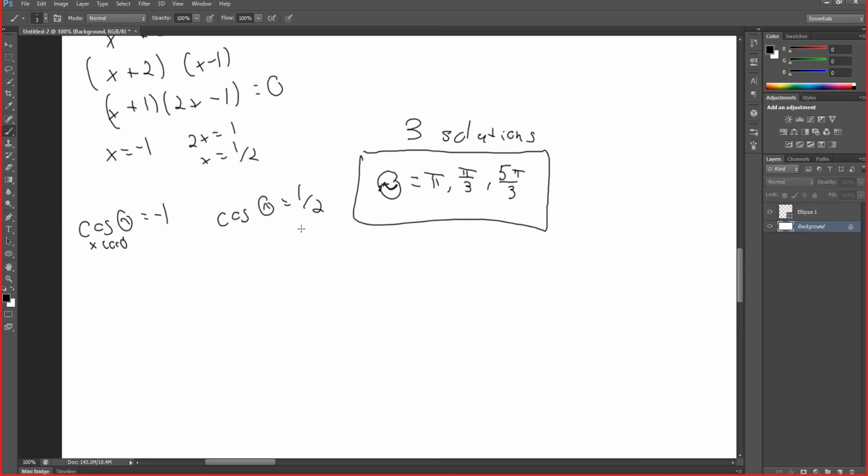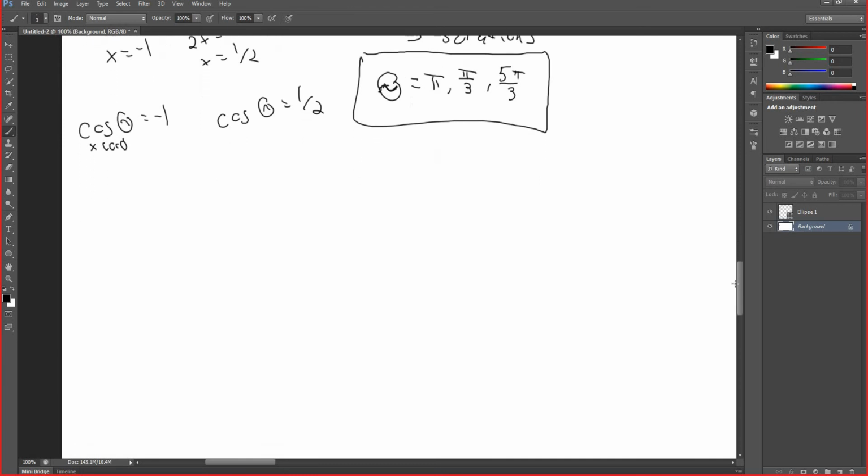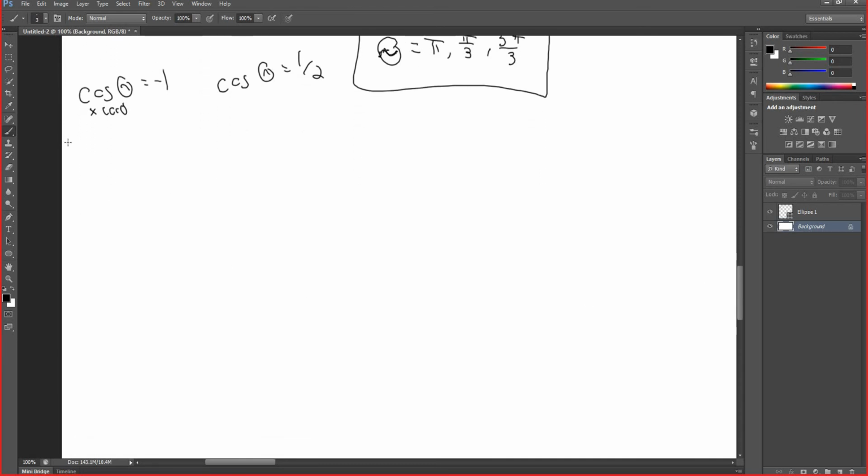Going forward, it seems like we only have problems that give you the period. So you're always going to be given that theta should be between 0 and 2 pi. Okay. This is number 3.